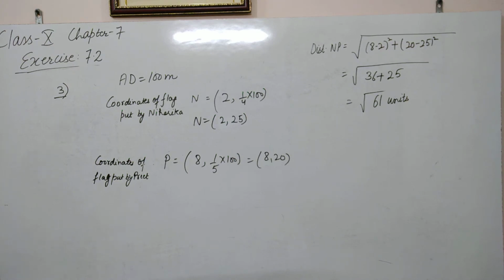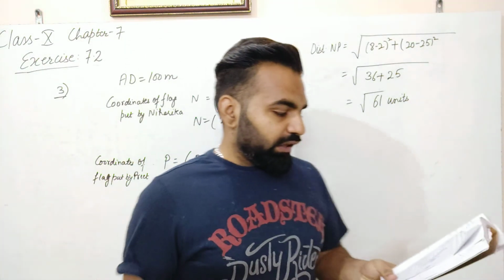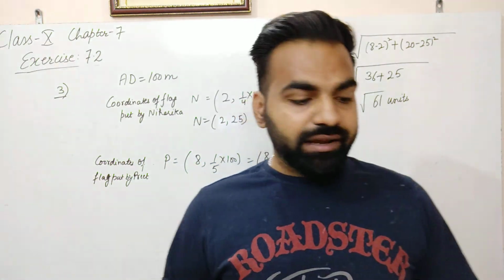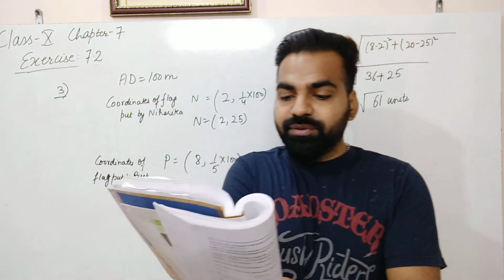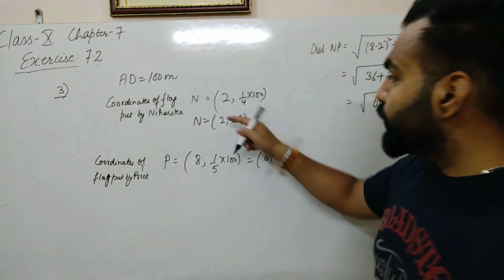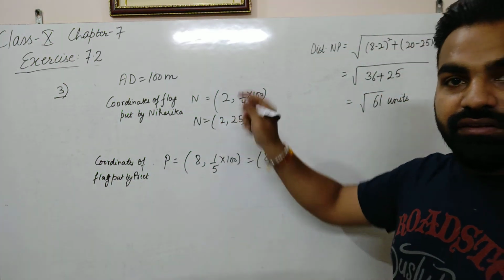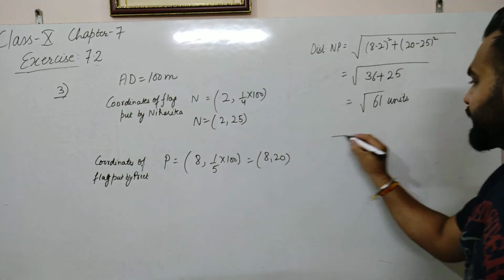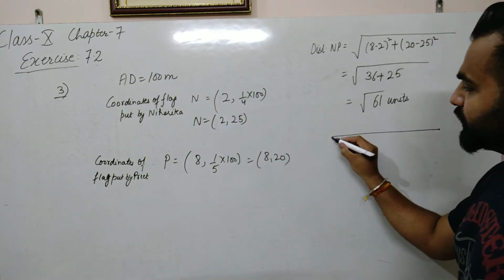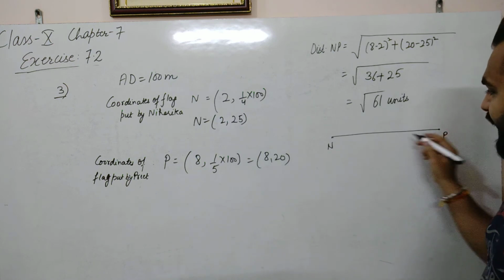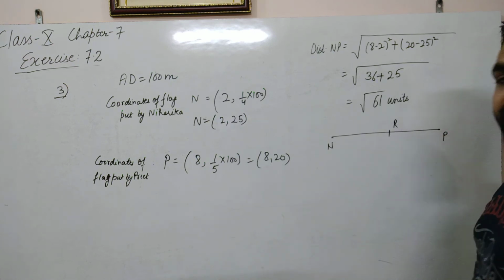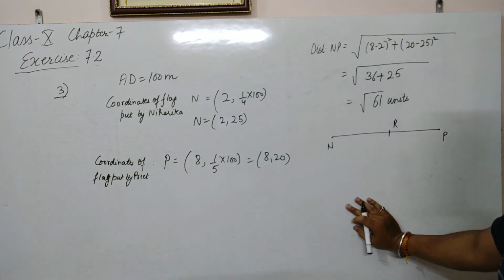Now the second part is given in the question. If Rashmi has to put a flag exactly halfway between the line segment, the point N is given, P is given, the line joining N and P. Suppose this is the line NP. She has to put the flag here at the center of this line NP.